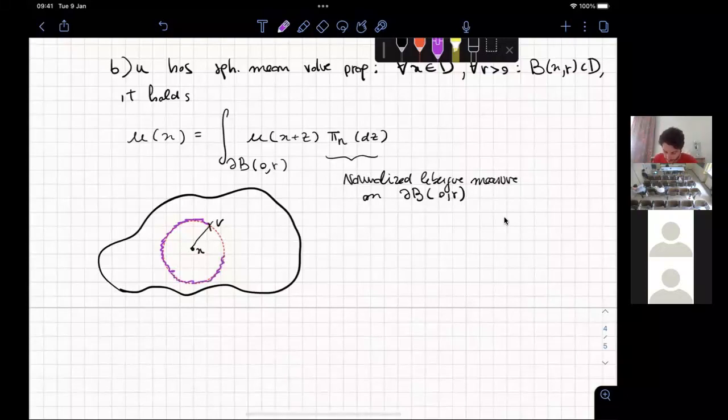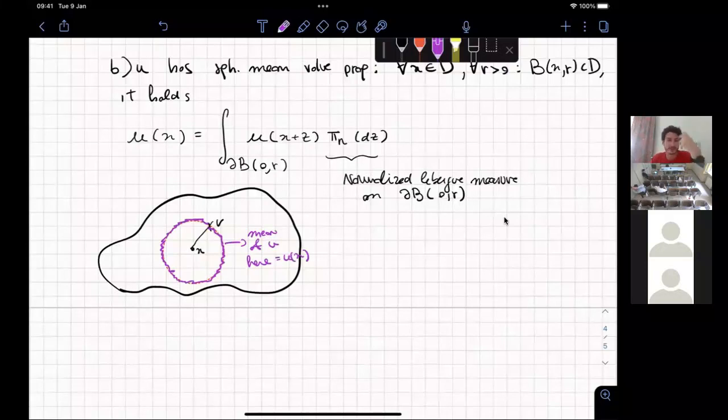So if we do a mean of U here, this is equal to U of x. And this is quite cool because it works for every ball. So at each point in this domain, you're able to represent U of x as the mean of what happens to U along the border of a ball.